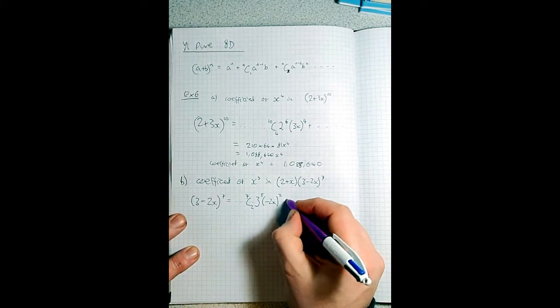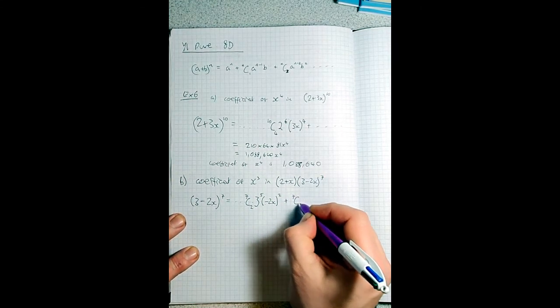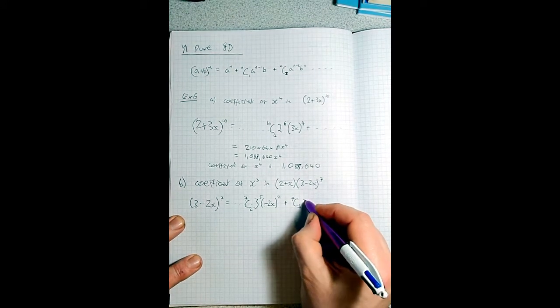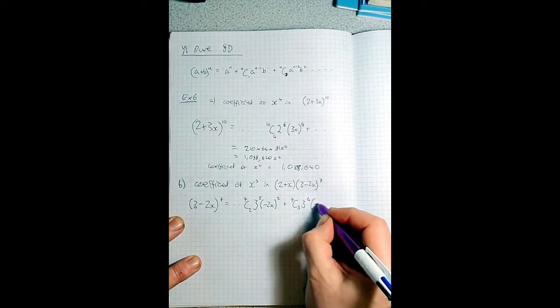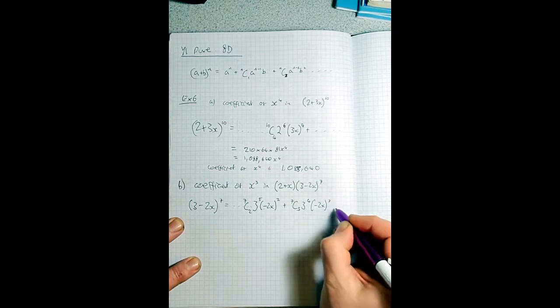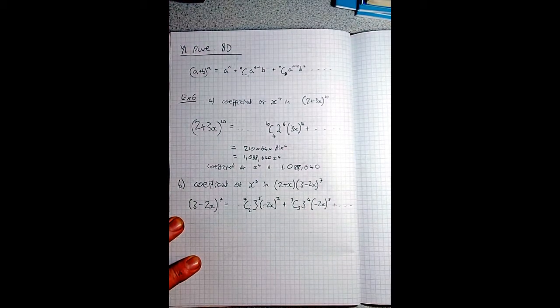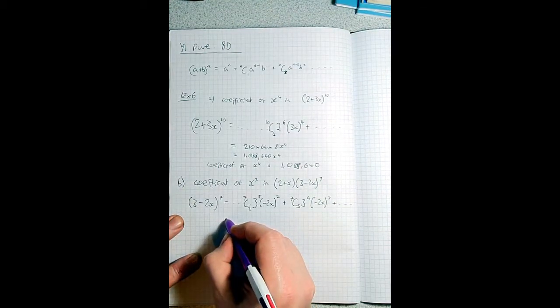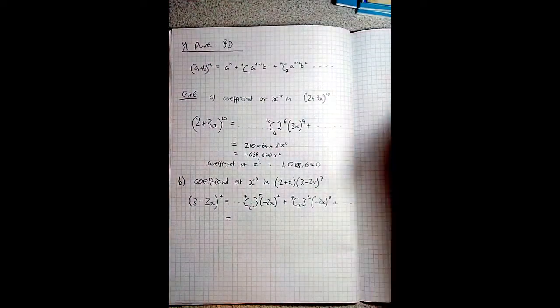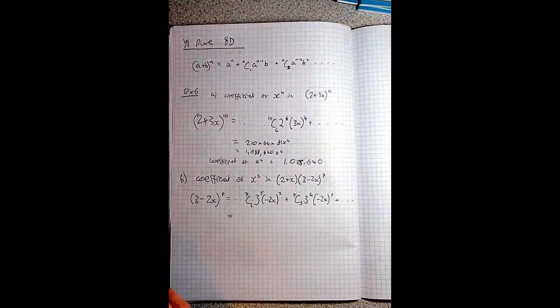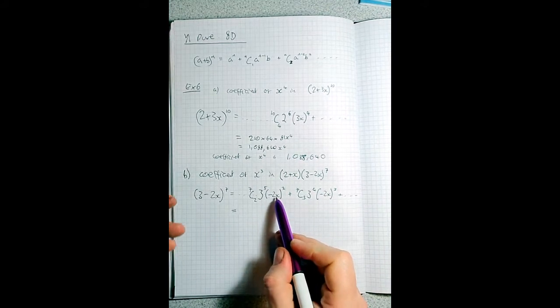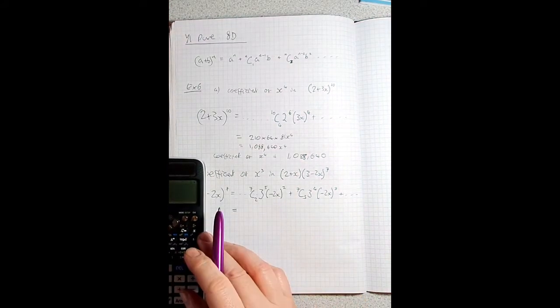So that's my square term, and my cubic term is the next term. It's going to be positive because my negative term is squared.